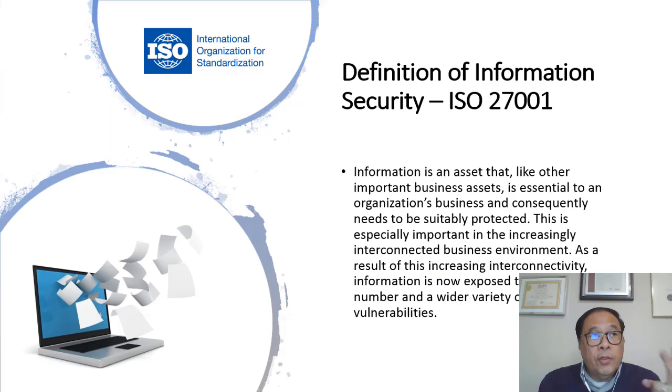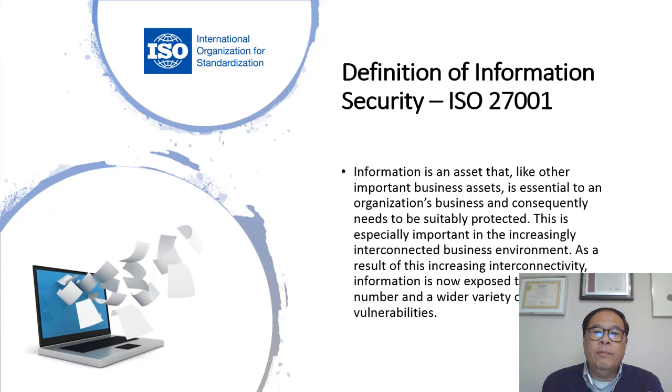so I want to share two definitions with you. These are important. The information security definitions by ISO 27001, which will have a separate lesson 5, to dive deeper into what ISO 27001 means. But from a definition point of view, I'm going to read this definition and highlight a few key points. Information is an asset.